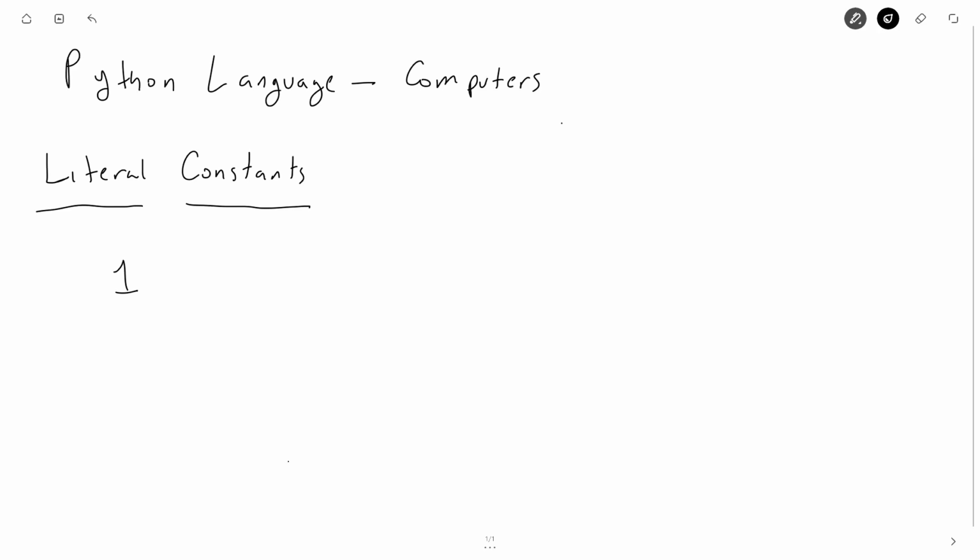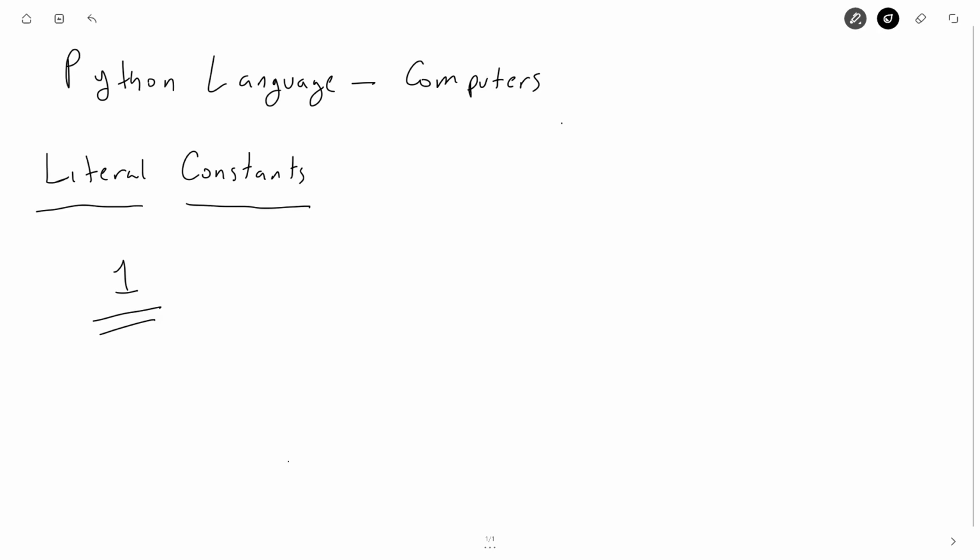And literal means that what is specifically stored in the computer. For example, when you say 1, you're specifically telling the computer that you're storing the constant 1.